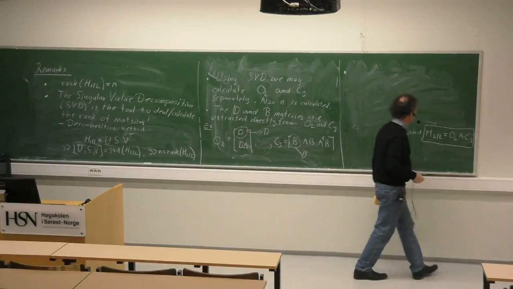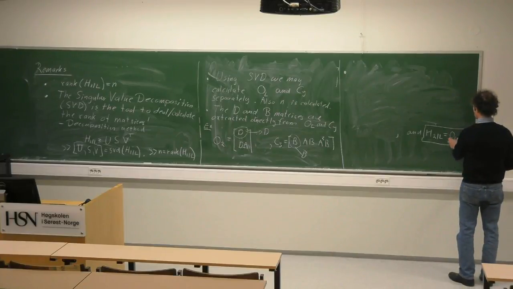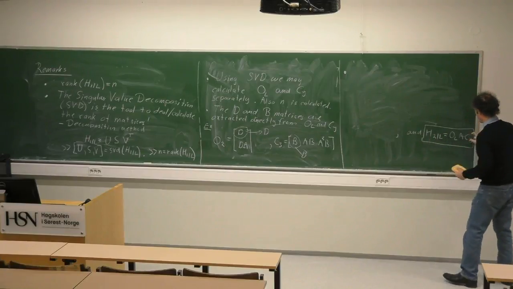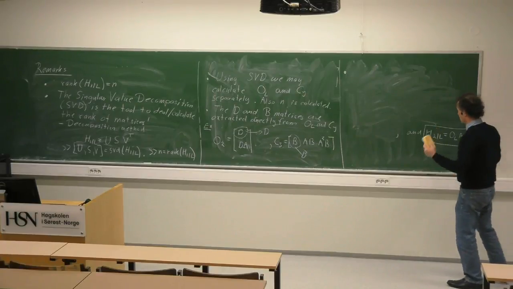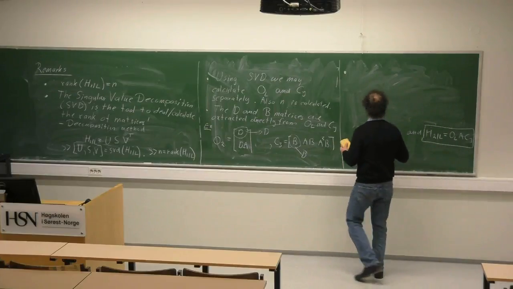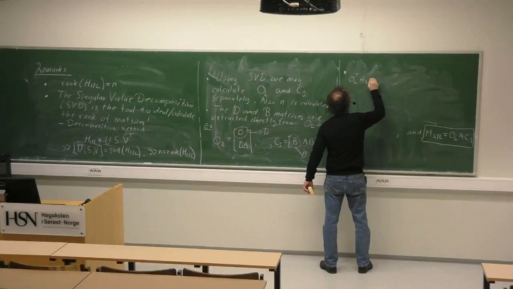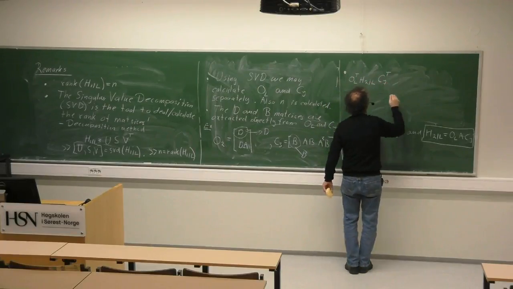So, what we do is to normalize. We know that this one is rectangular, but if we multiply with the transpose of OL from left and multiply with the transpose of C from right, we normalize and we obtain OL transpose H given L times CJ transpose.